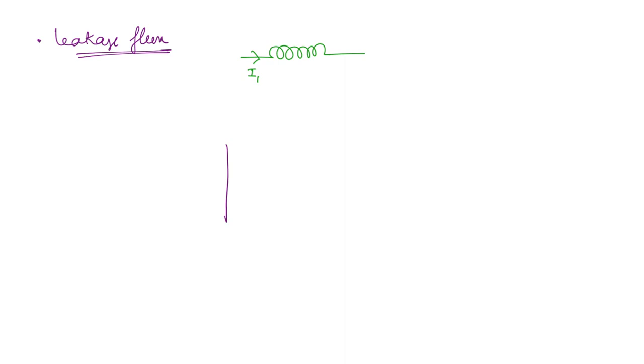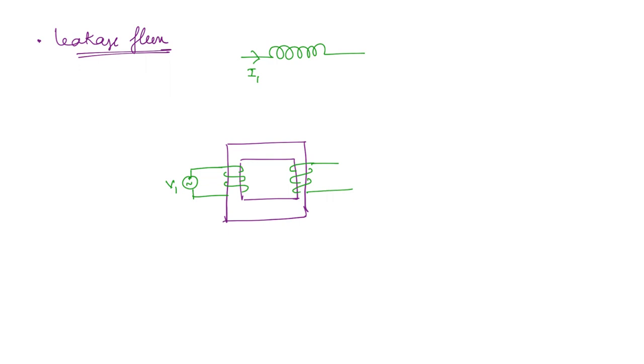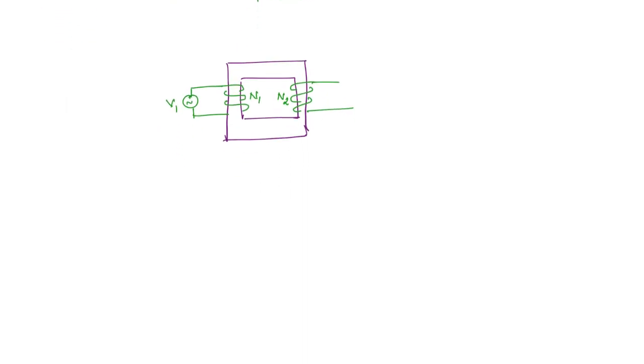First we will draw both the windings on the magnetic core, okay. So this is the core and this is the primary. Here you have the applied voltage source, and here you have the secondary, okay. So this you can take as N1 turns, this you can take as N2 turns. So now you can draw the equivalent circuit. First we will have the resistance of the winding, and then the inductance which accounts for the leakage flux, okay.